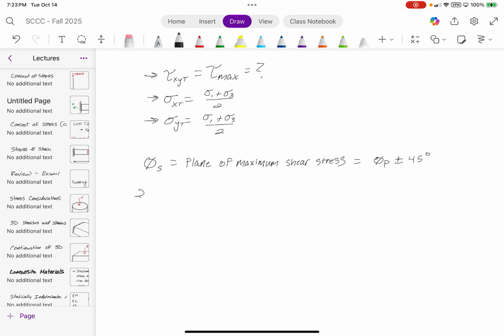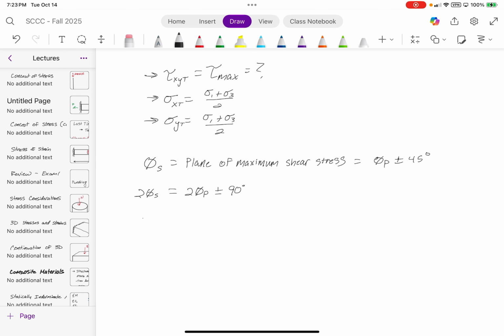Another way of writing this is by saying that 2 times theta S is equal to 2 theta P plus or minus 90 degrees. And so by knowing this relationship, this will make more sense next class. Just trust me when I give you guys these equations, because next class there is a visual way of showing you guys how these equations work, and it just makes so much more sense.